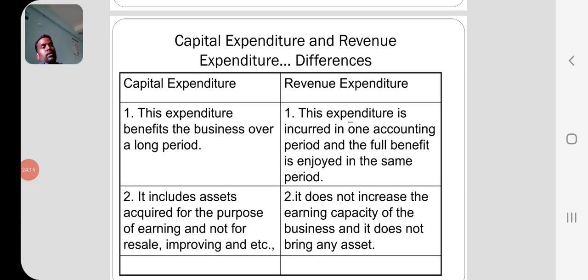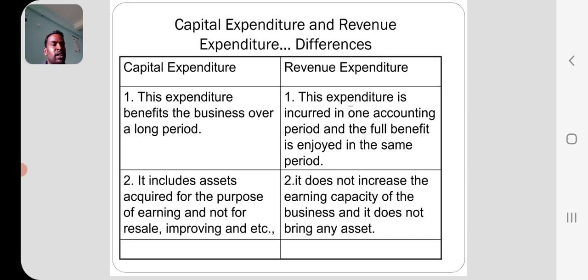Next, capital expenditure and revenue expenditure differences. Capital expenditure benefits the business over a longer period.